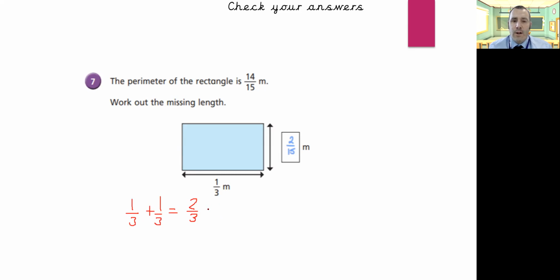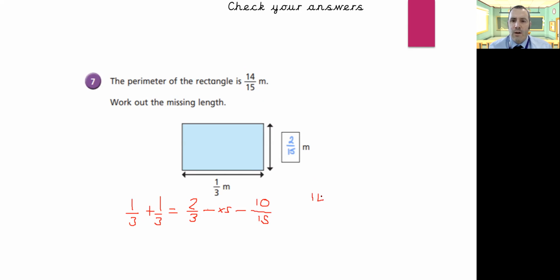Now I'm going to turn this into a fraction over 15. So that is equivalent to, now what do I need to multiply it by? 3 times 5. So I'm going to multiply this by 5, which will give me 10/15. So I know the overall perimeter is 14/15.